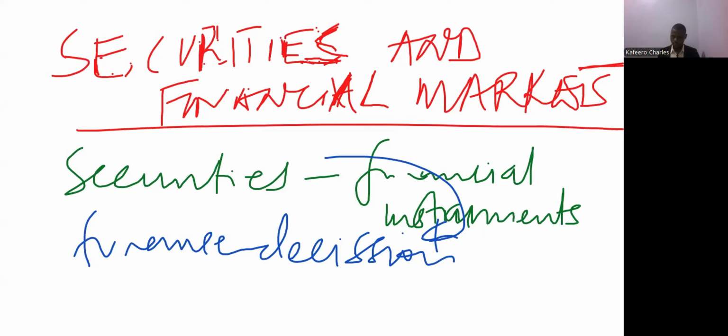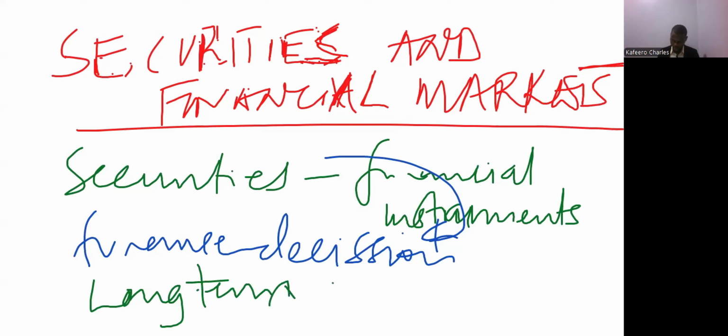These securities are the ones that are going to help us to finance our activities. In other words, it's the source of money that we are going to use to finance our investments. Now, the financing instruments that we are going to mainly focus on are the ones that are long term.